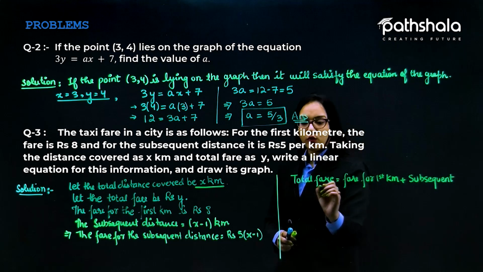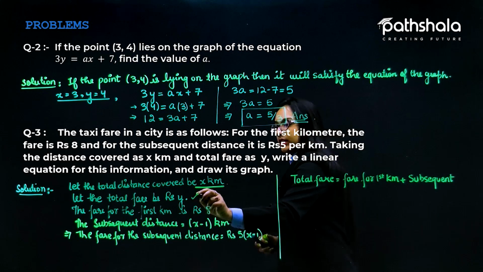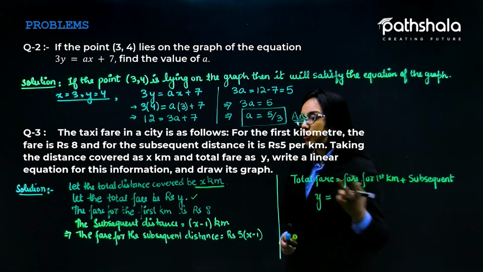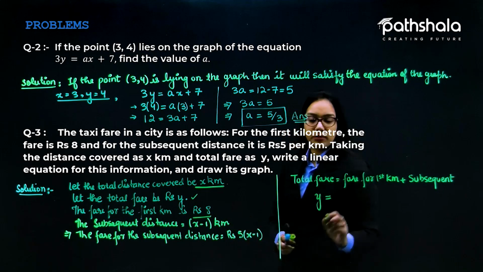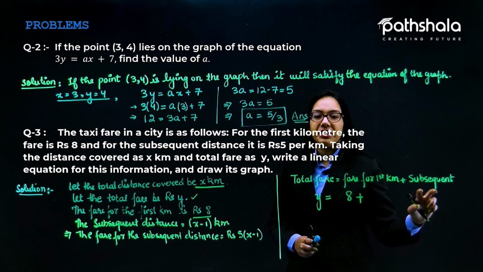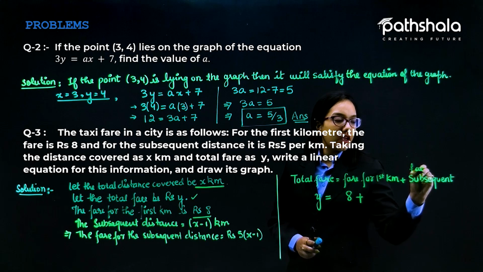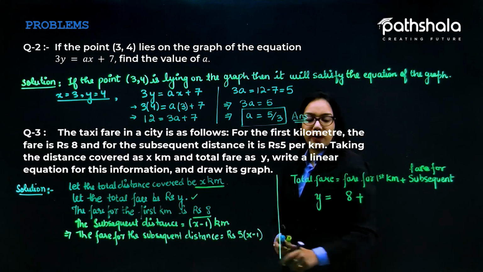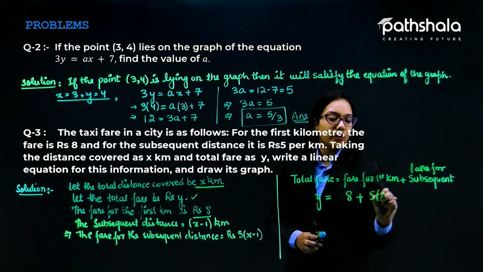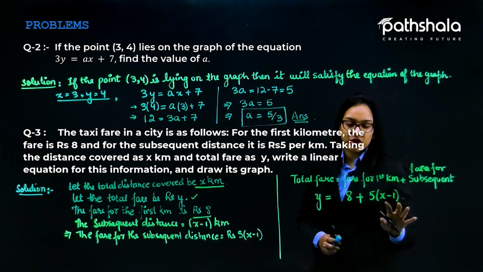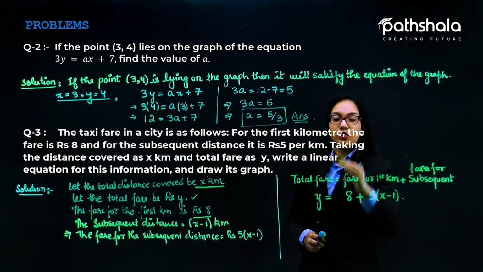The total fare we have taken as y, which is equal to the fare for the first kilometer, rupees 8, plus the fare for the subsequent kilometers, which is 5 into x minus 1. So this is the linear equation that we have generated from this particular information.